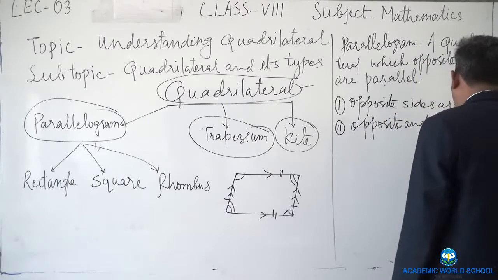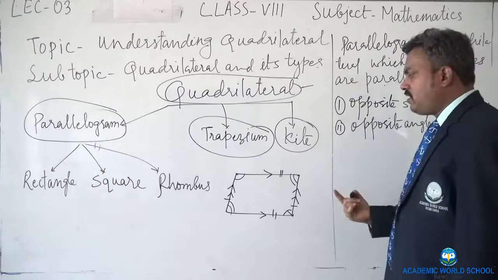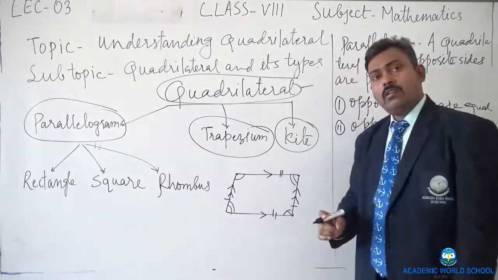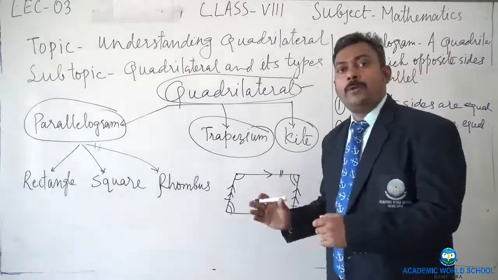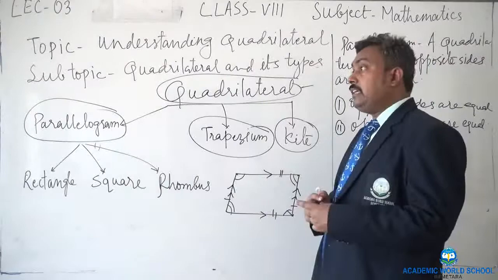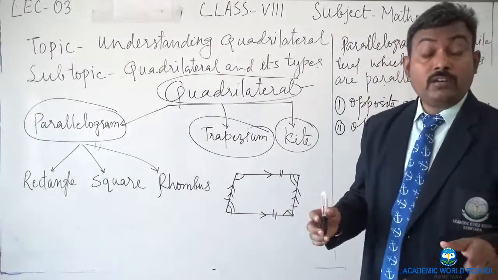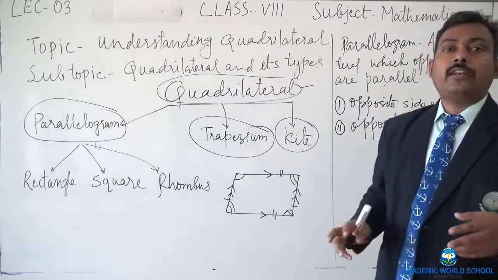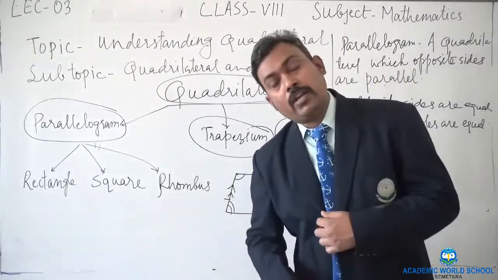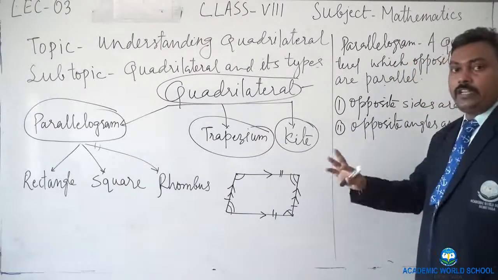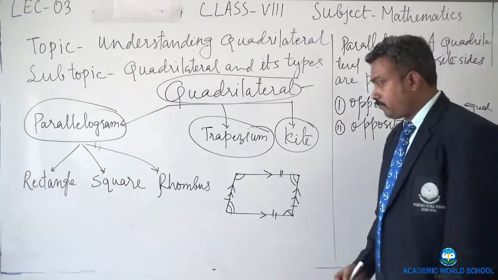The same reason applies: if you take any diagonal, you can divide the parallelogram into two equal triangles. If two triangles are congruent, their corresponding parts are equal, and because of that the opposite angles are equal in a parallelogram.